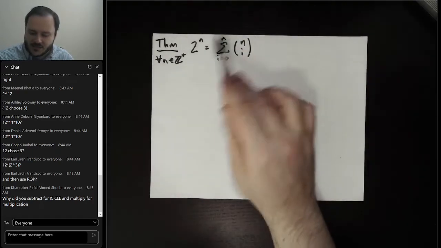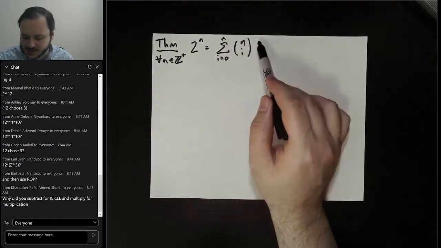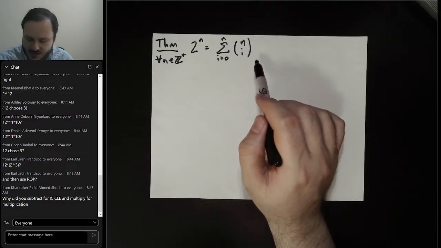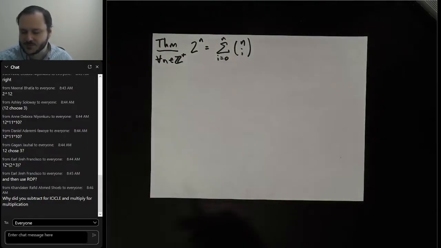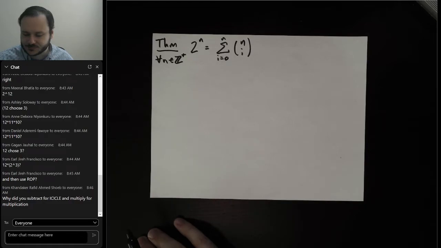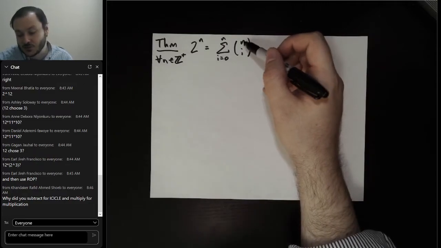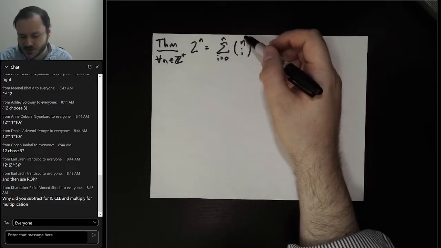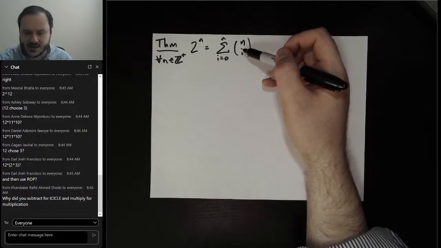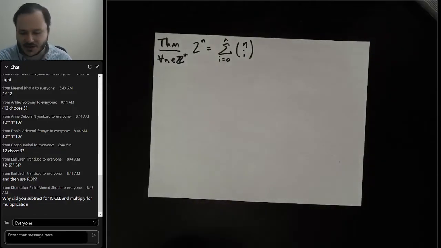I'd have a 2 to the n plus an n plus 1, choose n, something like that. It would get a little messy. Because it'd actually be really messy because these binomial coefficients would all have n plus 1 instead of n, and we'd have to do a lot to make this work.